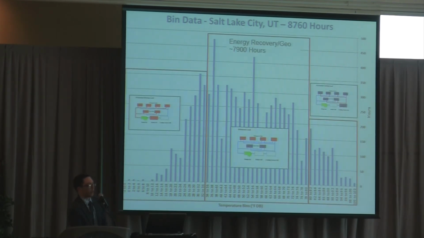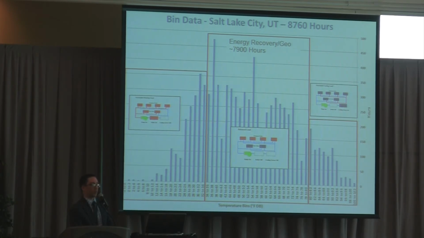And what you can see there is that we've got a huge portion of that central part of the graph, where 90% of the year we can share energy from zone to zone within a building, or even better, that range is expanded if we've got a district system, sharing energy across a campus, and a very few number of hours per year where we truly need the peak capacity. And that's where that hybrid component comes in.